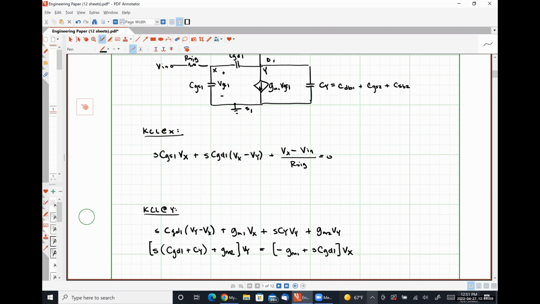So my Vx term is going to look like 1 over R sig plus S (CGS1 plus CGD1), all of this times Vx, minus S CGD1 Vy is equal to Vn over R sig.